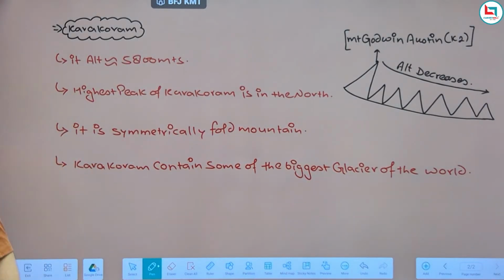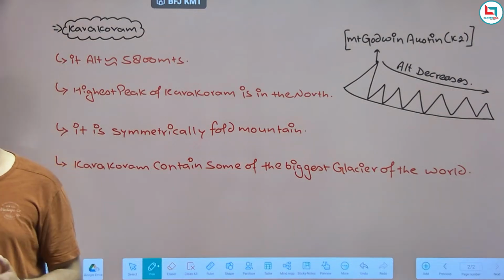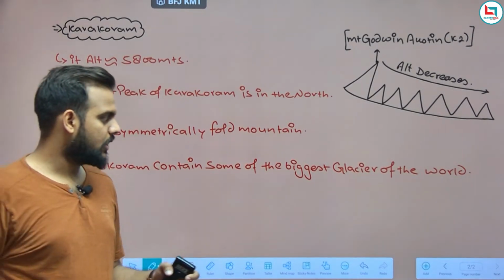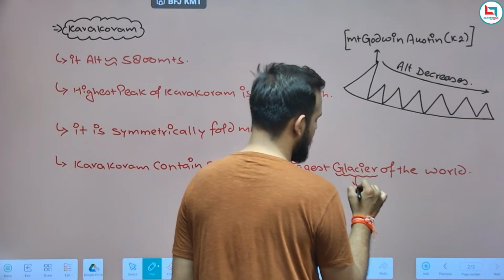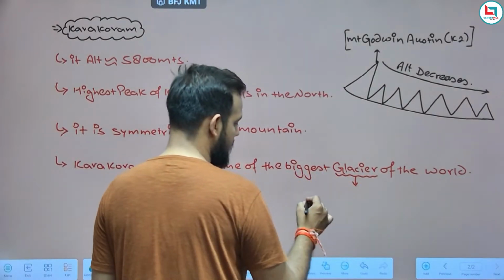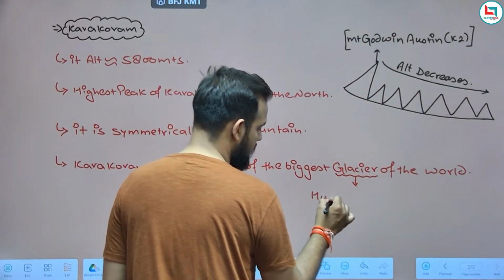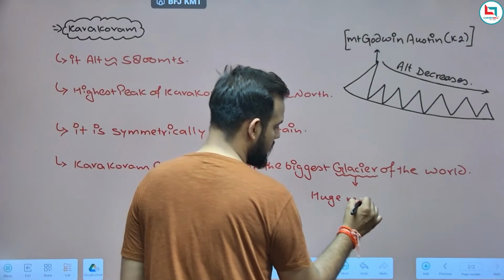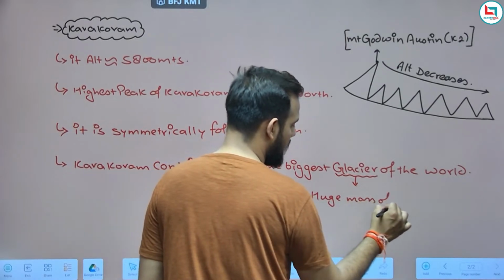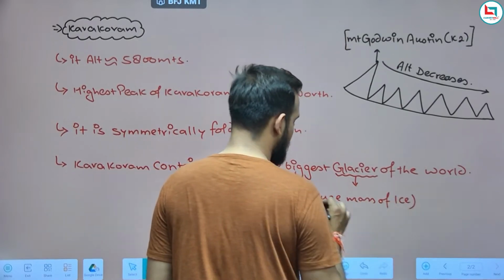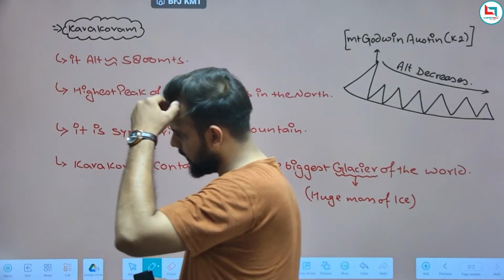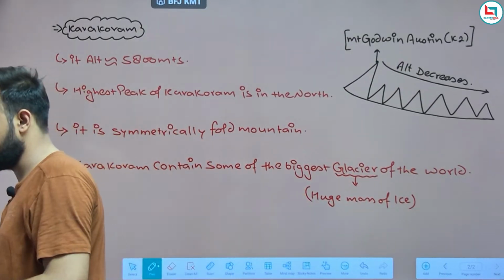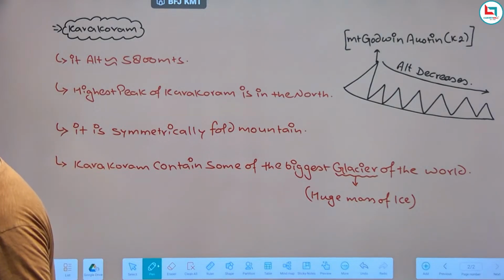Glaciers are huge masses of ice. So what are the glaciers? Sir, when we talk about the glaciers, they are huge masses of ice. And what are the names of the glaciers? Like Siachen Glacier and Fedchenko Glacier.